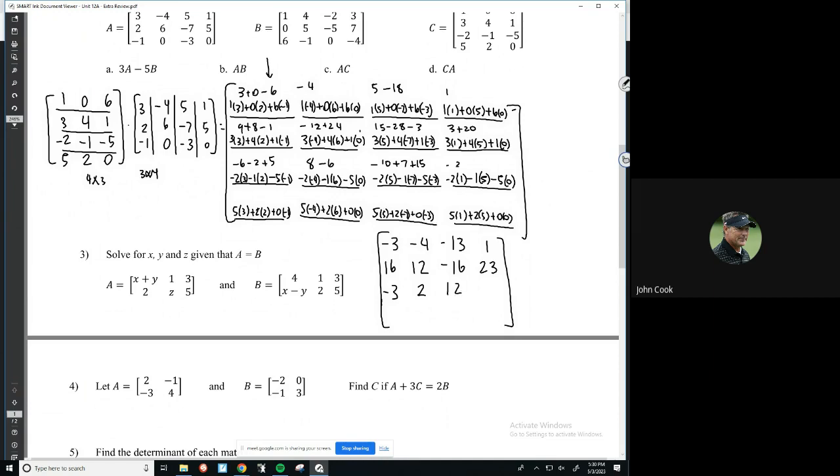Negative 2 minus 5, and then plus 0, negative 7. Then we have 15 and 4, 19. And then we have negative 20, 12, and 0, so that's negative 8. 25, negative 14, and 0, which would be 11. And then 5 and 10 and 0, which is 15.